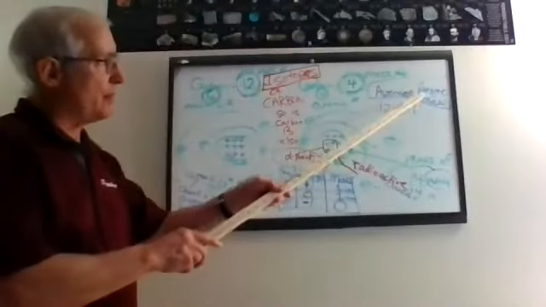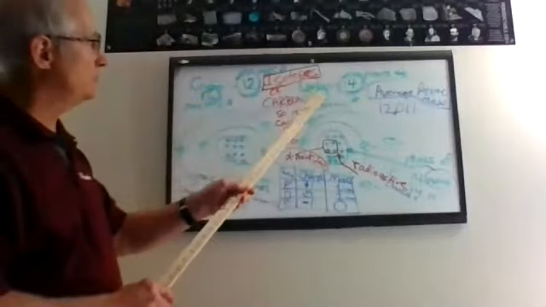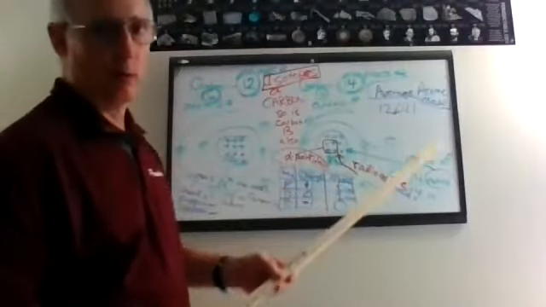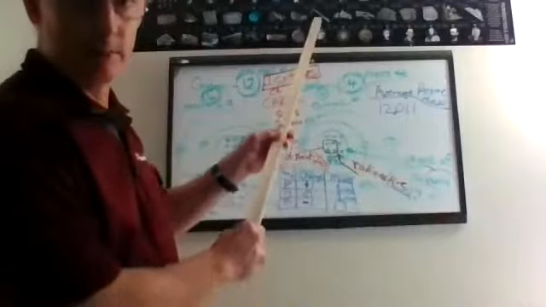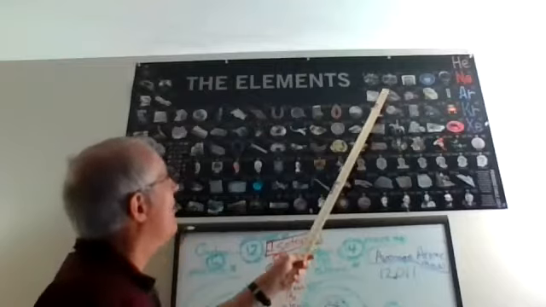If the average atomic mass for carbon is 12.011, see my neat periodic table up here? Let's take a look at it. Periodic table of the elements. There's carbon right there.